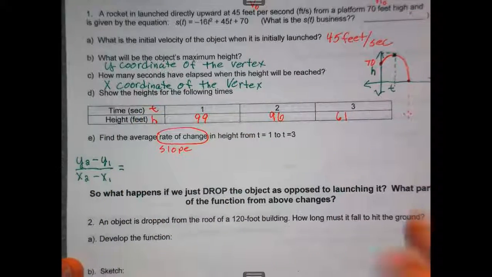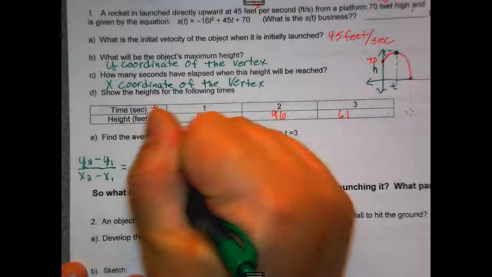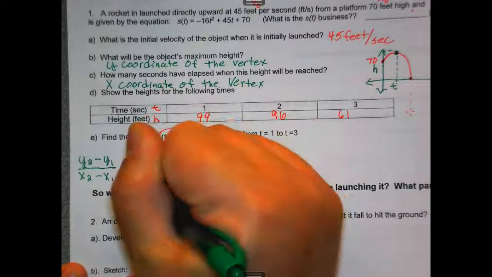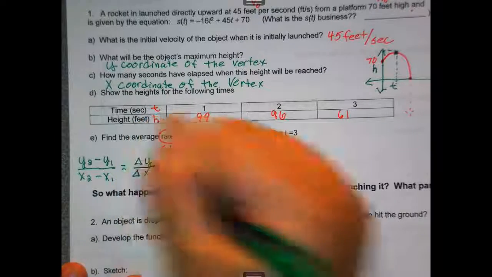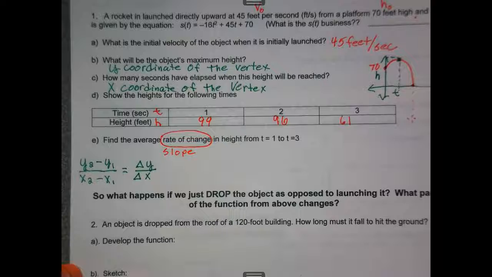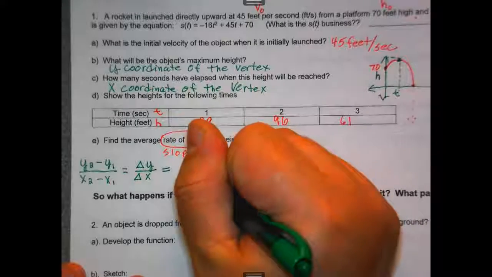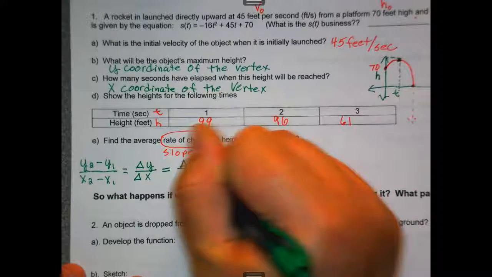If you had a highly qualified math teacher, they told you that that was the change of y over the change of x, and those symbols are delta. That's delta y over delta x. And actually what we're looking for is delta h over delta t.